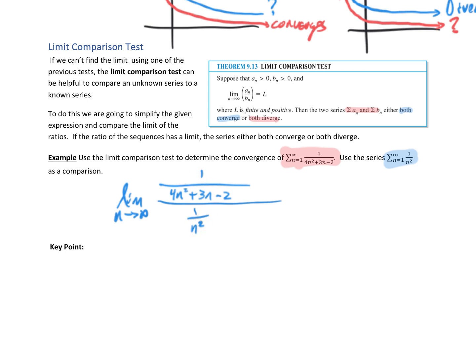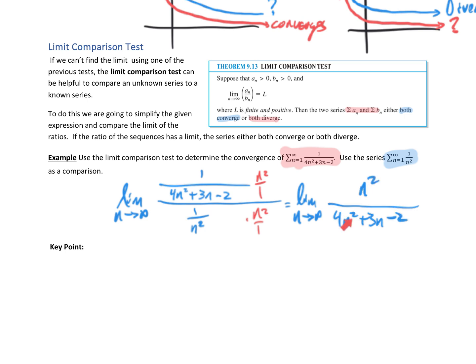And so this is the limit as n goes to infinity of, well, if we multiply both top and bottom by n squared over 1, the reciprocal, we get one fraction, not a compound fraction anymore, n squared over 4n squared plus 3n minus 2.